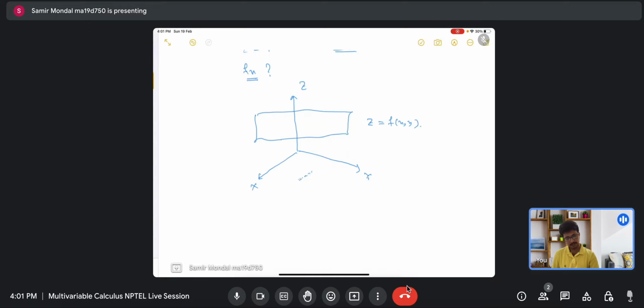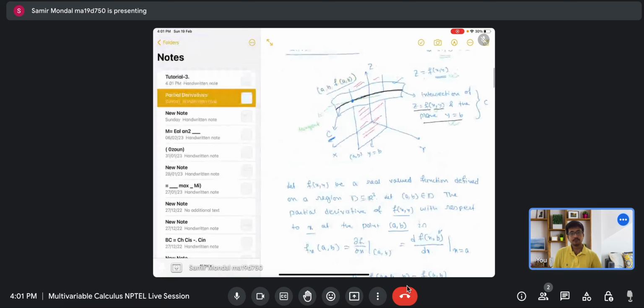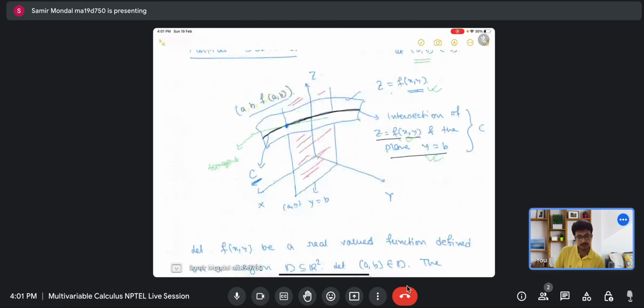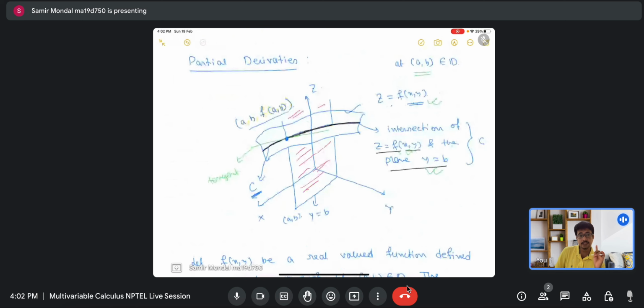From our previous lecture also we can see that. This is your surface z equal to f of x y, and we are trying to observe the partial derivative of the function f with respect to x at the point a b.